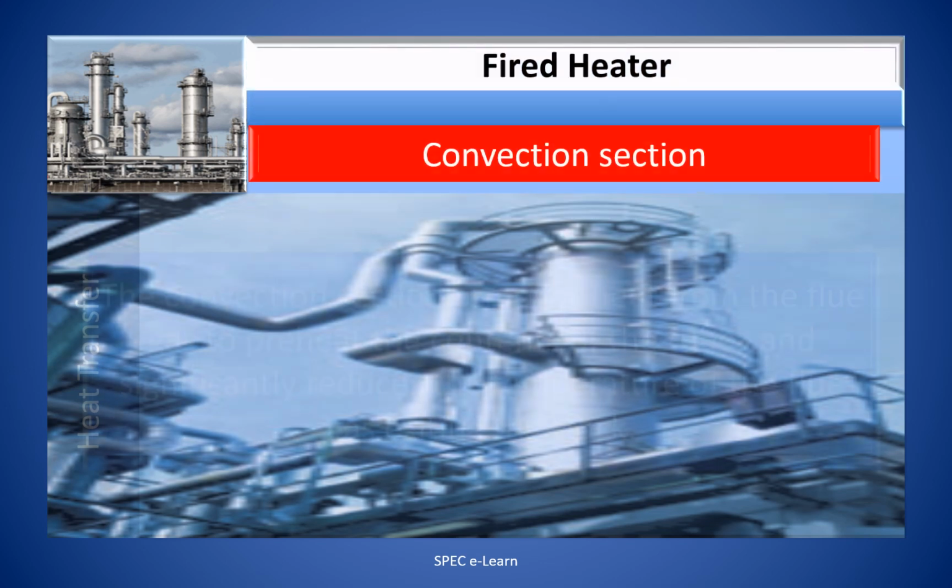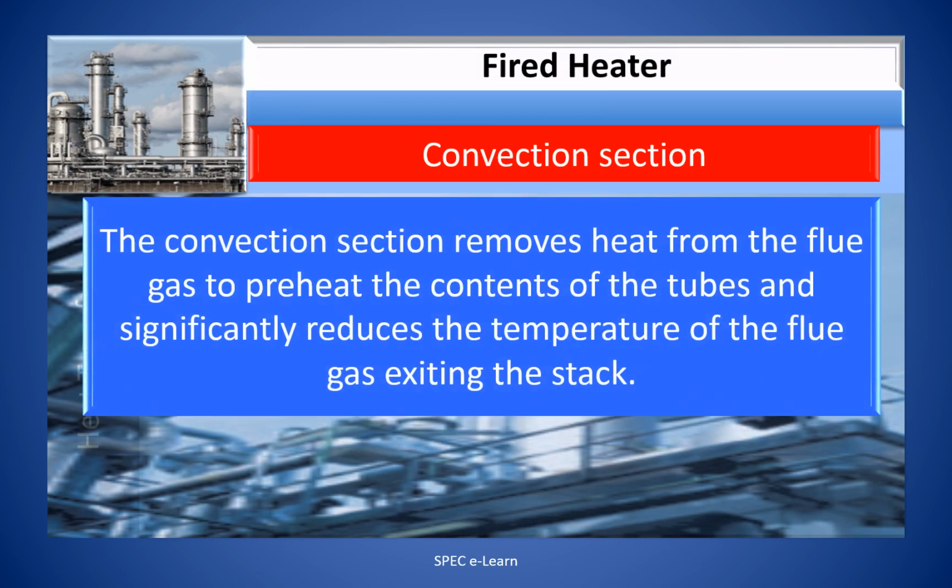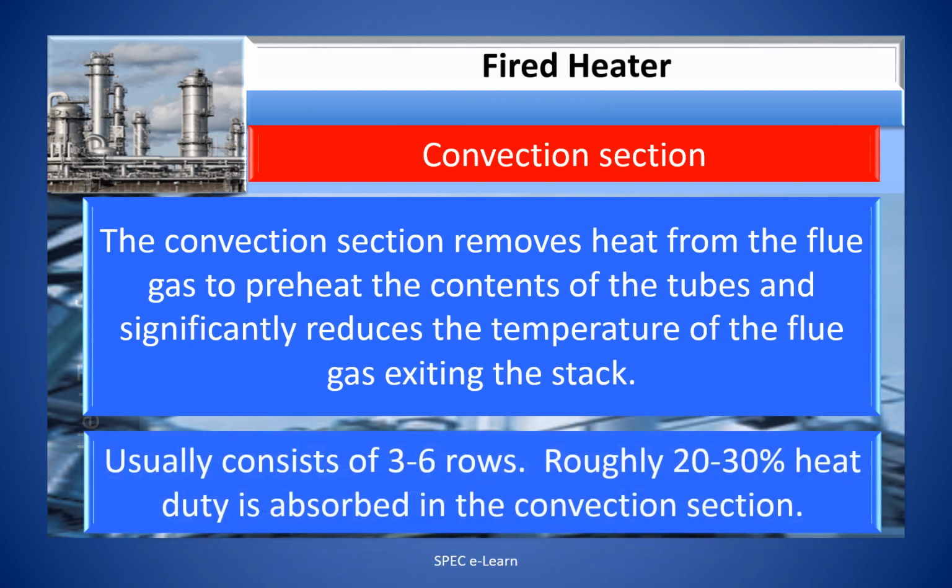The convection section removes heat from the flue gas to preheat the contents of the tubes and significantly reduces the temperature of the flue gas exiting the stack. It usually consists of 3 to 6 rows. Roughly 20 to 30% of heat duty is absorbed in the convection section.